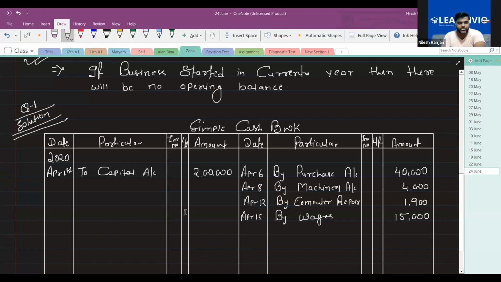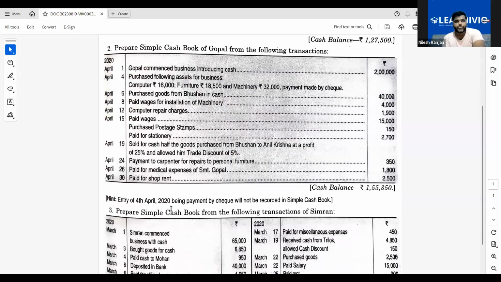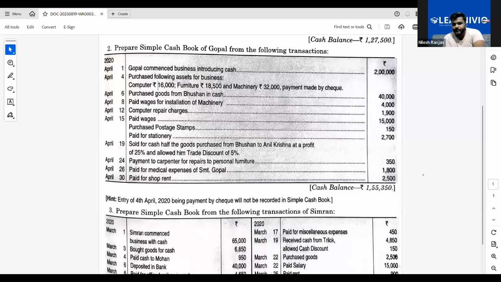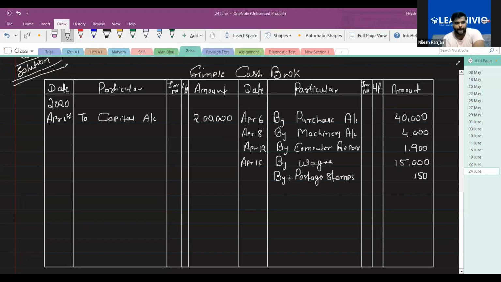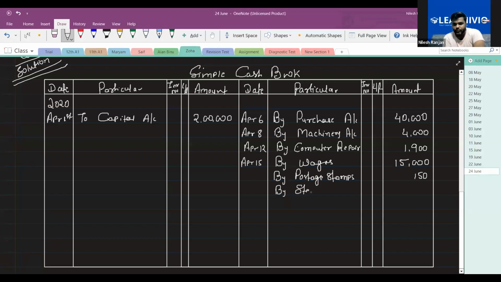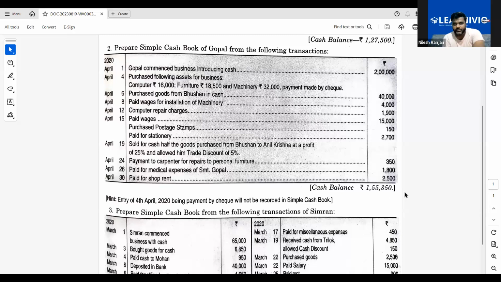There are some other transactions on April 15th. Purchase postage stamps, so buy postage stamps, it is 150. Then paid for stationery, so stationery, it is 2,700.